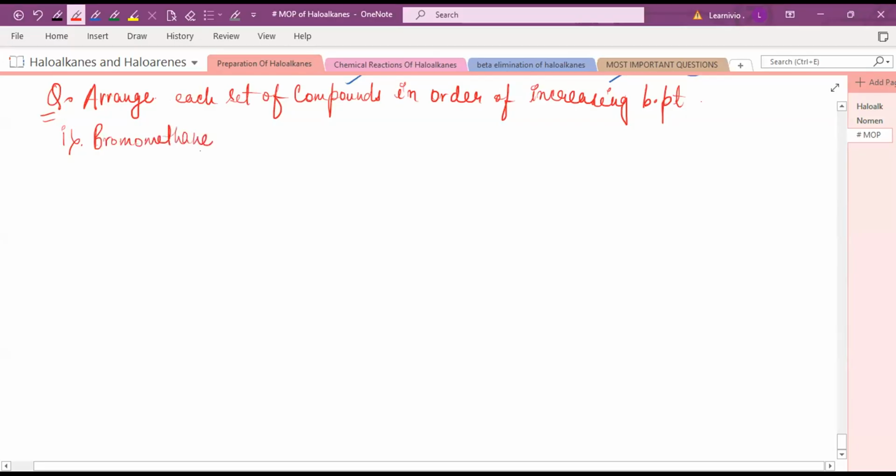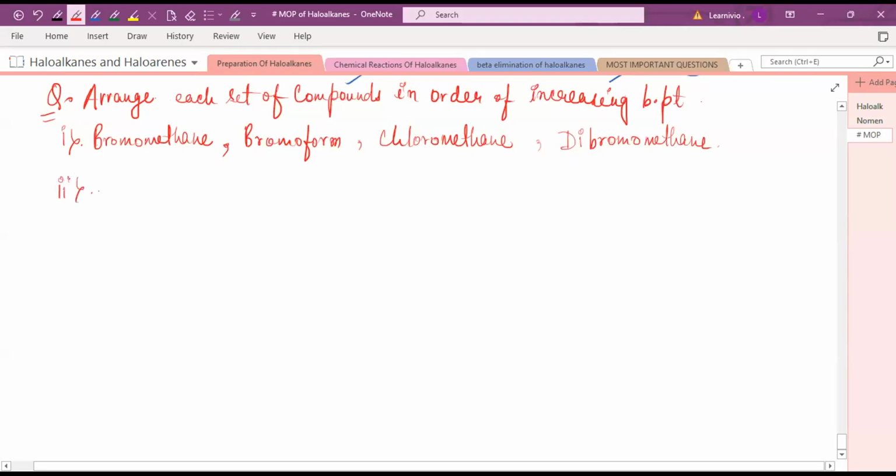First one: bromomethane, then bromoform, then chloromethane, after that dibromomethane. So these are the four compounds. You have to arrange these in order of increasing boiling point.